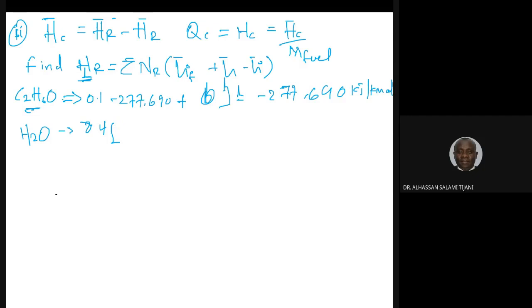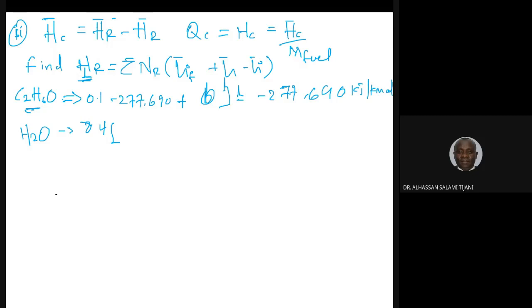If you look into the property table, the enthalpy of formation of water at standard state, we have to look from the property table. It is given over there. That gives us minus 241 for water vapor.